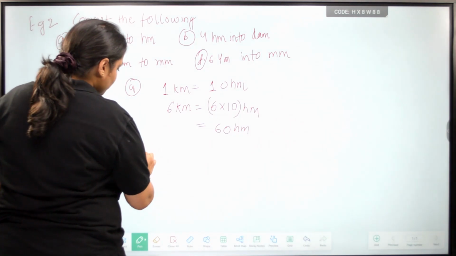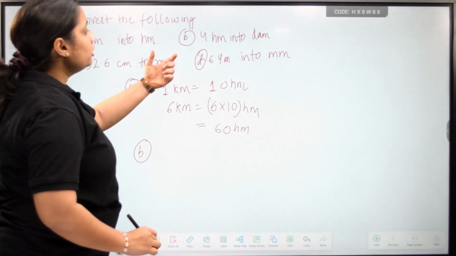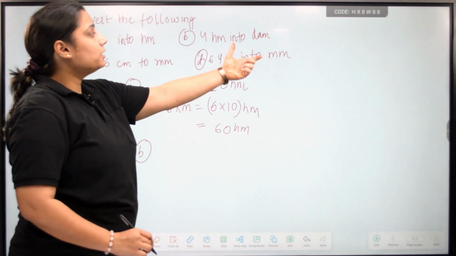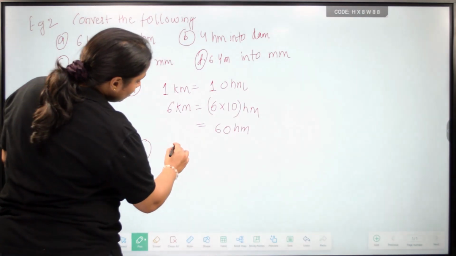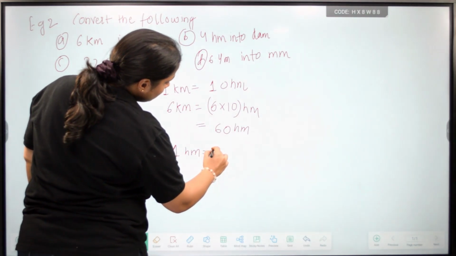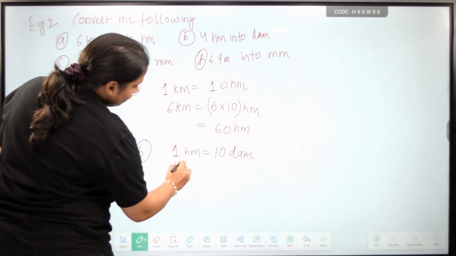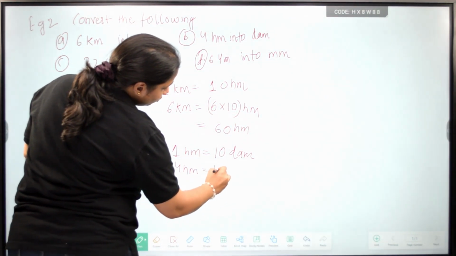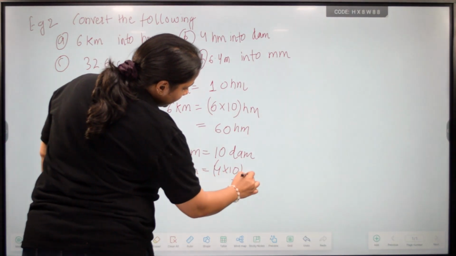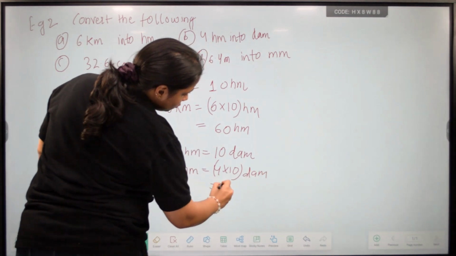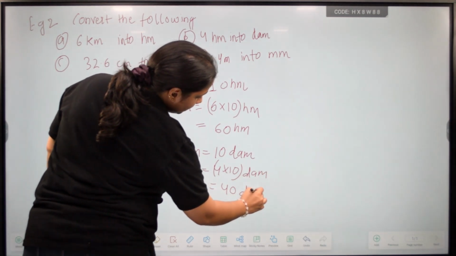Now, part B. We need to convert 4 hectometer into decameter. We know that 1 hectometer is equal to 10 decameter. Therefore, 4 hectometer will be equal to 4 into 10 decameter, which is equal to 40 decameter.